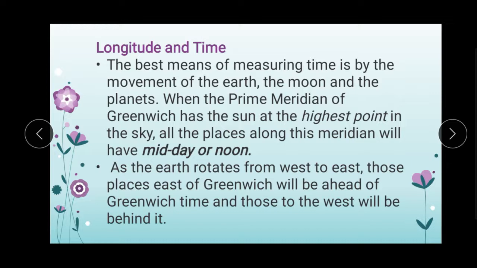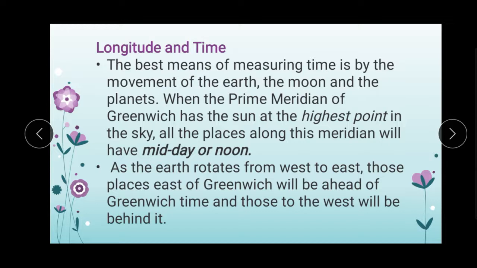As the Earth rotates from west to east, you all know how the Earth rotates, right? So those places east of Greenwich will be ahead of Greenwich time, and those to the west will be behind it.